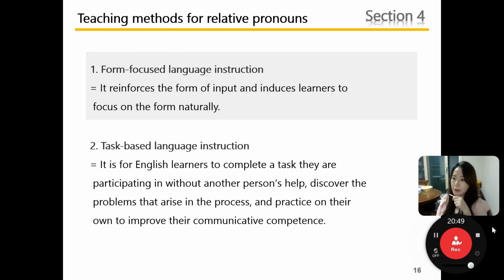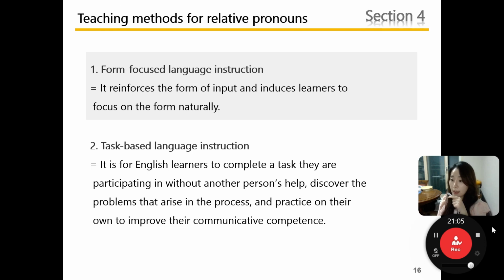The first method is a form-focused language instruction in which various methods are used to stimulate learners' interest and to help them develop a natural learning of grammar forms.